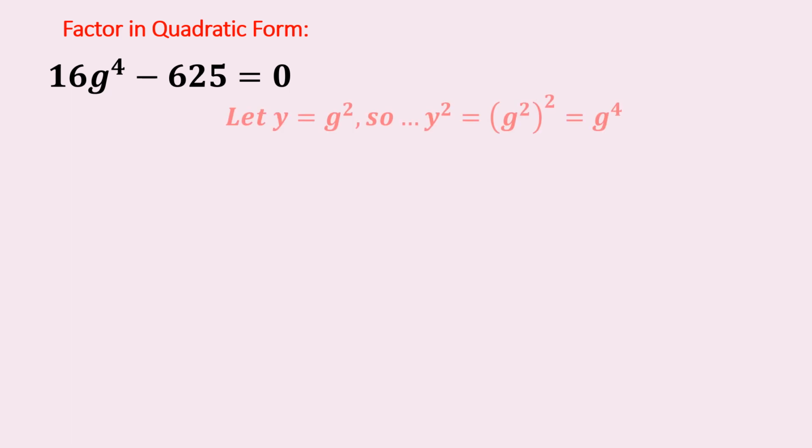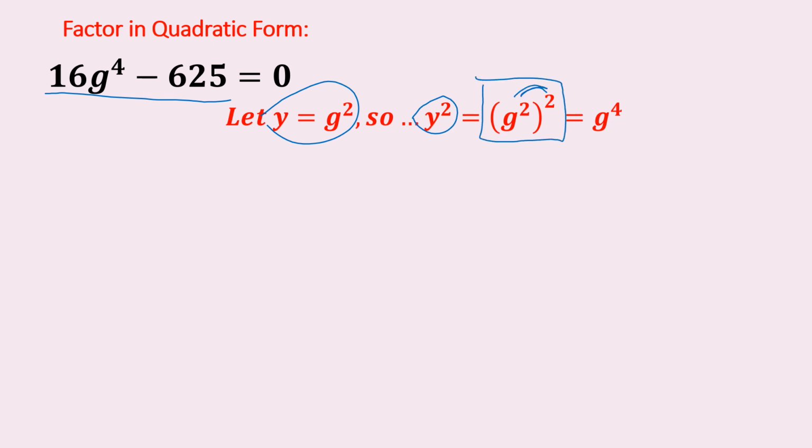So we're going to let y represent a g squared again. Now that's not actually replacing anything up here because there are no g squareds. But if y equals g squared, then y squared is g squared squared. Multiply those exponents: y squared equals g to the 4th. Which means this right here we can replace with a y squared.